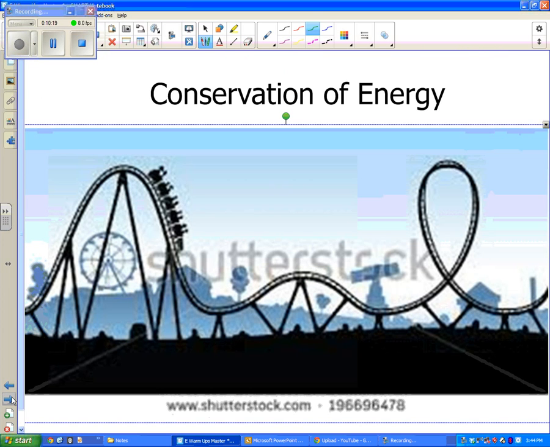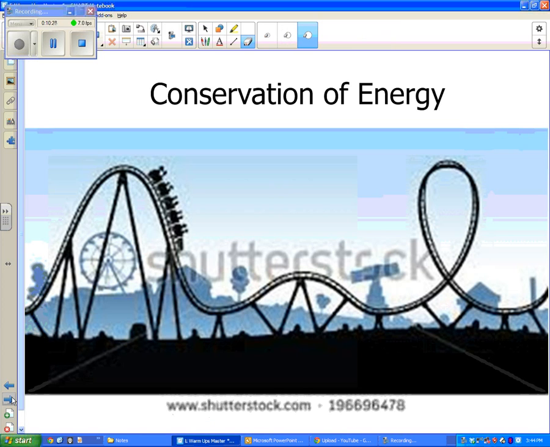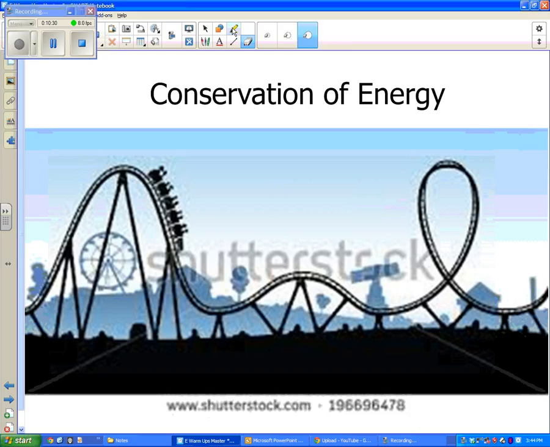All right, so let's take another example. Let's look at this roller coaster. So this roller coaster, let's say it starts way over here on the left. And in order to get up the hill, it needs electricity to power it, to lift it that high. So it is doing work to lift it up to the top, up here.